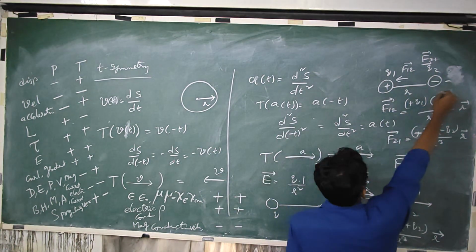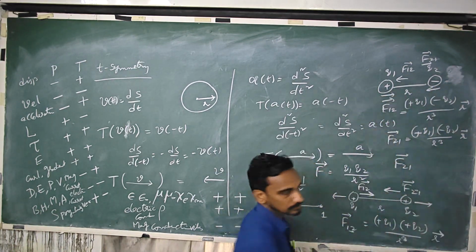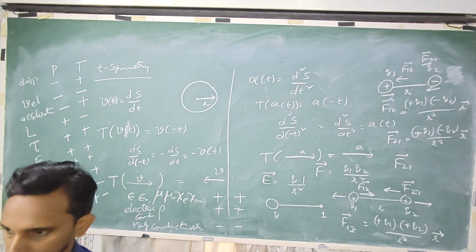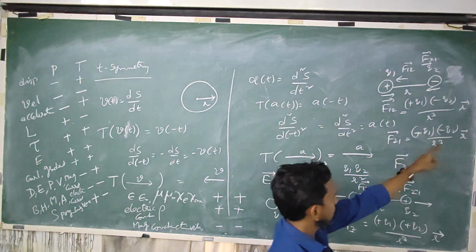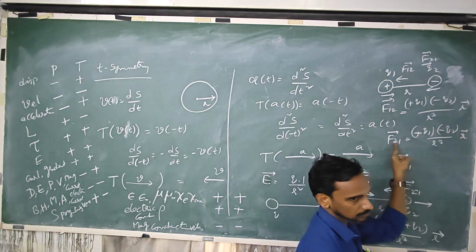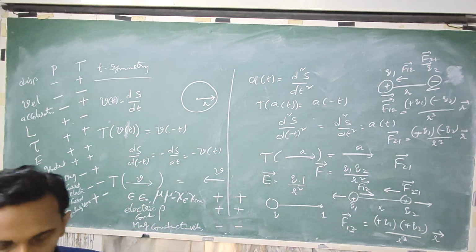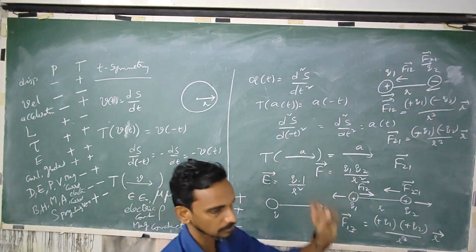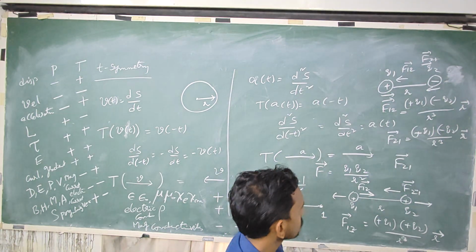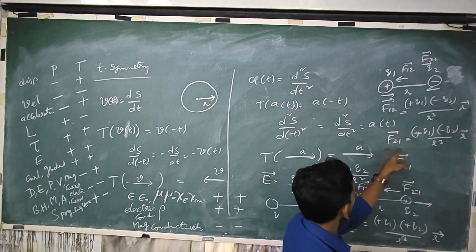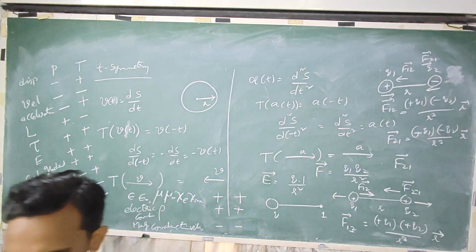So Q1 moves in this direction, and at the same time Q2 will move in this direction. So the radial vector is always from point 1 to point 2, from center to the object, from the point of observation to the object under observation. So that is the direction of radial vector, and here the final sign of force is controlled by the sign of the charge.